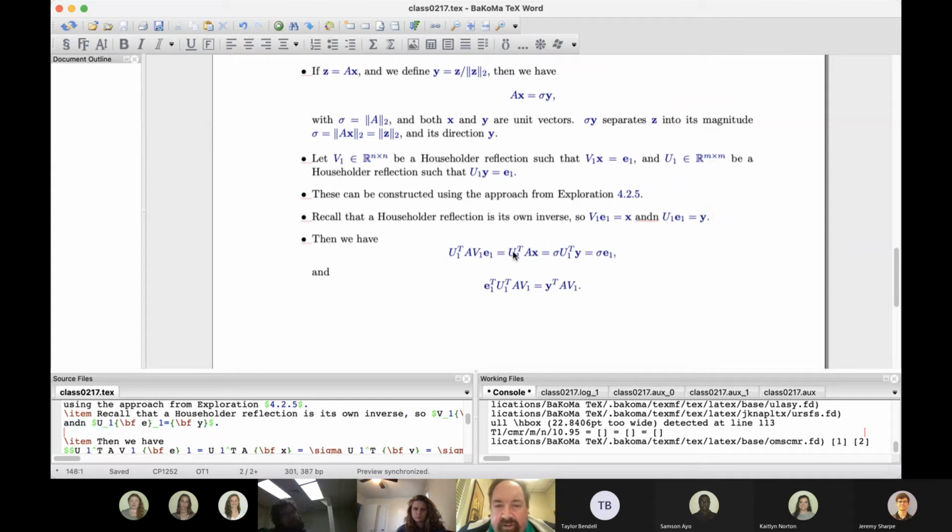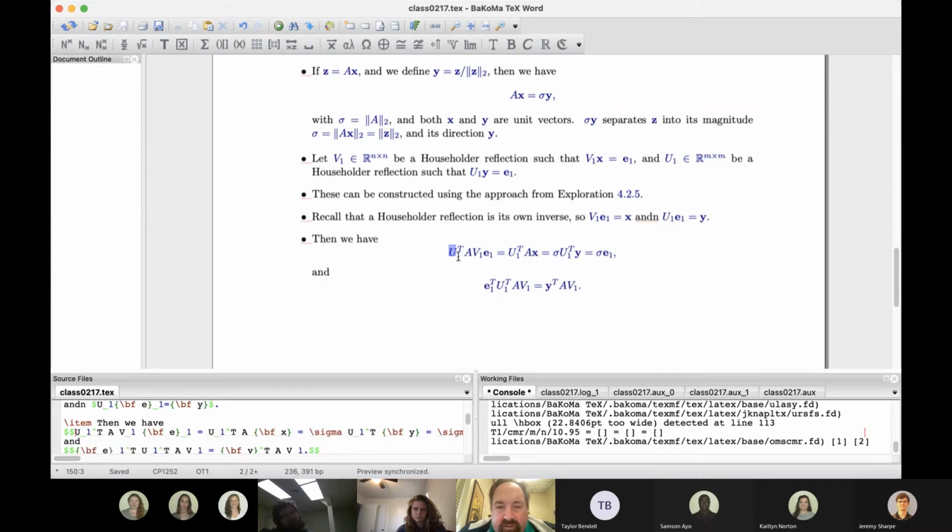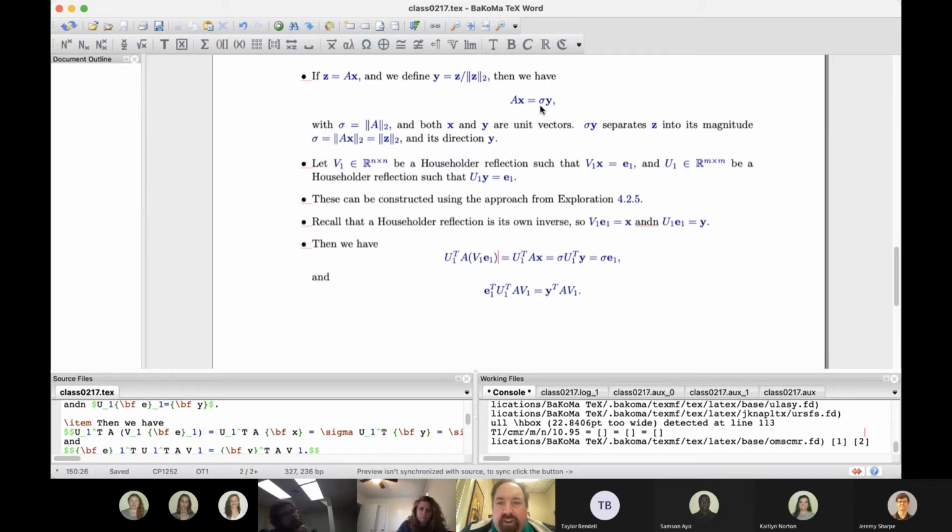And that's what I'm using down here. I started with, I'll put a parentheses here. I'm computing this. V1 e1 is x. So now I have A times x. But A times x is equal to sigma times y that I'm using down here.